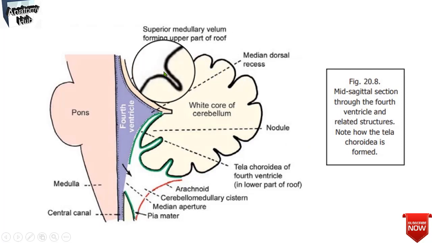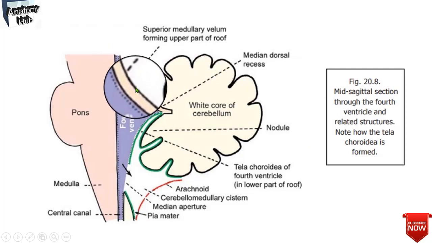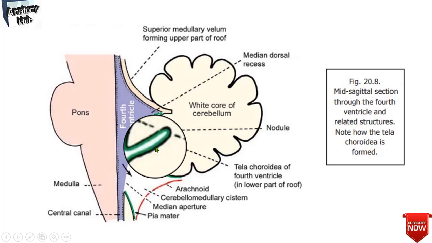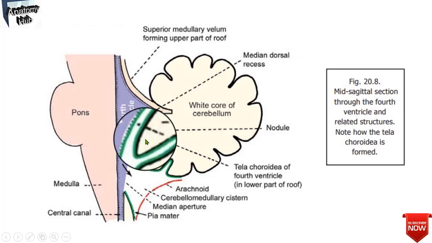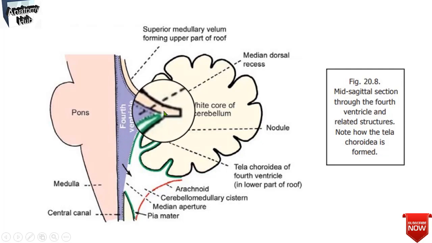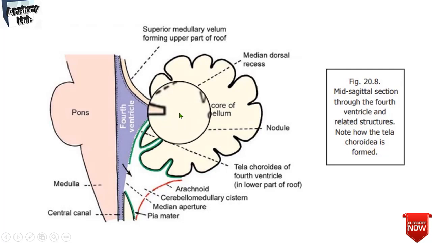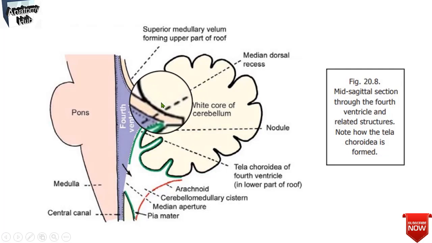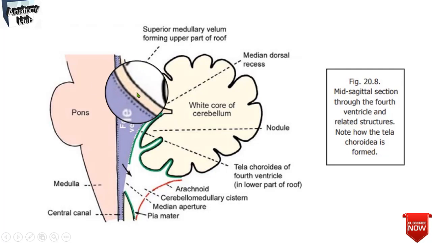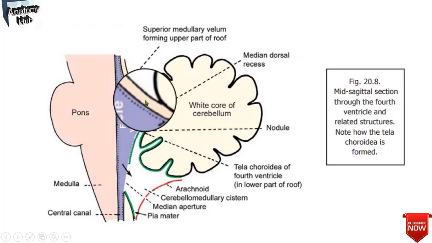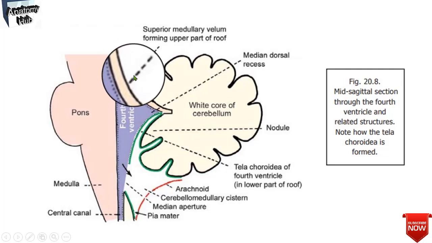The roof of the fourth ventricle is tent shaped and can be divided into upper and lower parts, which meet at the apex that you can observe here. The apex extends into the white core of the cerebellum. The upper part of the roof is formed by the superior cerebellar peduncle and the superior medullary velum.